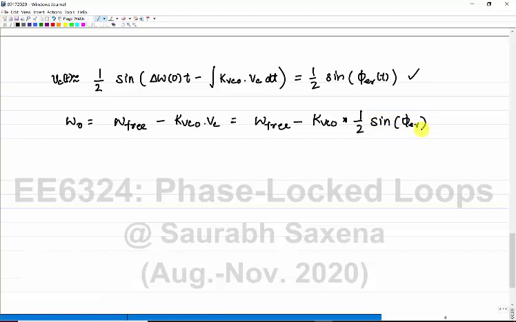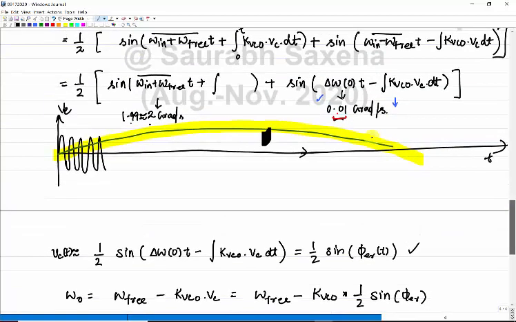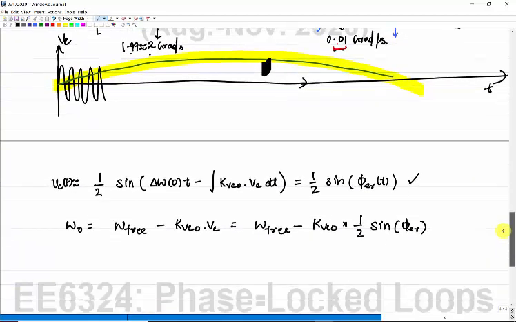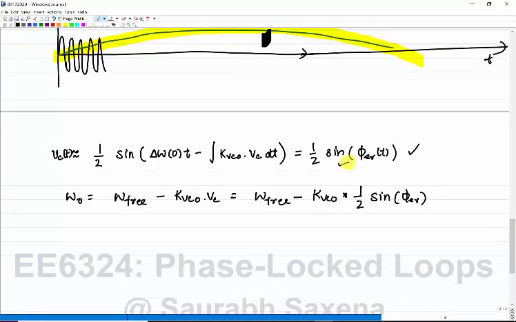So you see this complicated thing here. We start with the phase error, which is sinusoidal, that leads to the control voltage, which is sinusoidal, which leads to the frequency here, right?